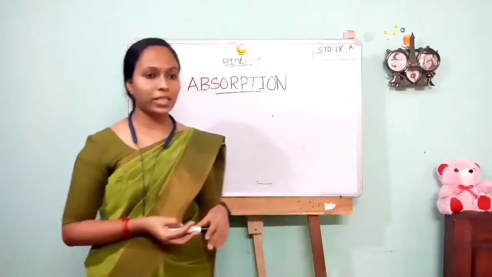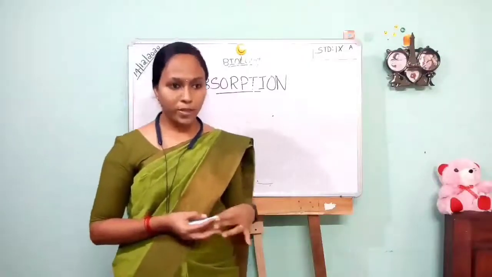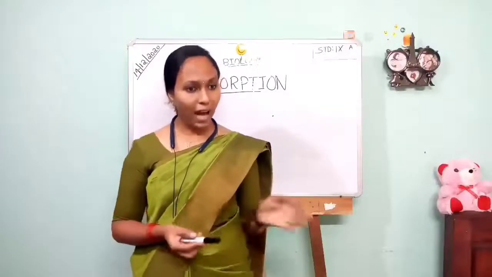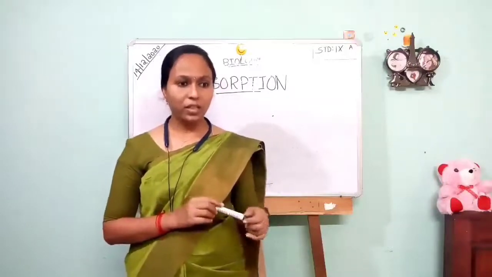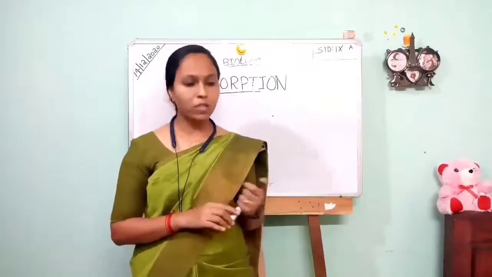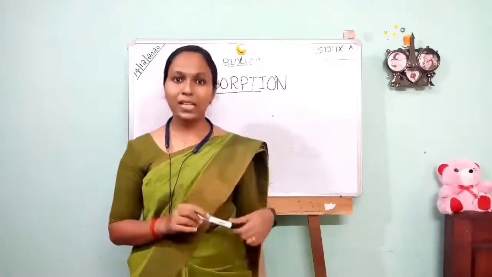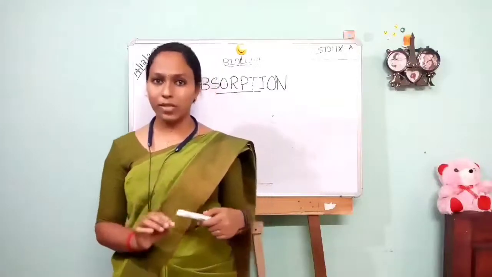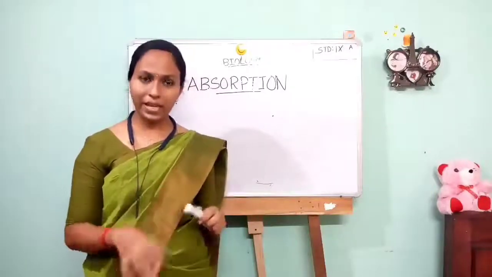The first question is, what is osmosis? Osmosis is the movement of water molecule from a region of higher concentration to a region of lower concentration. The next question is, which are the two types of osmosis? Yes, endosmosis and exosmosis are the two types of osmosis. Are you clear? Then let's move on to the next activity.